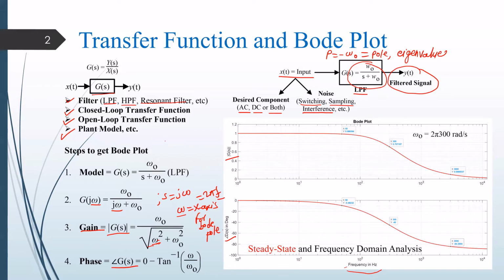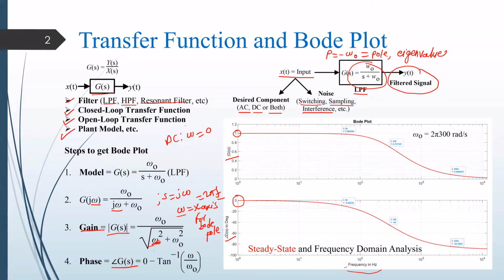When you have a DC signal, omega is equal to 0, and when you substitute omega equal to 0 here, you can clearly see the gain value is going to be 1, and your phase value is going to be 0. Since this is a logarithmic scale on the x-axis, we cannot show you the exact zero frequency, but you can see near zero frequency your gain is 1, and your phase is again close to 0.